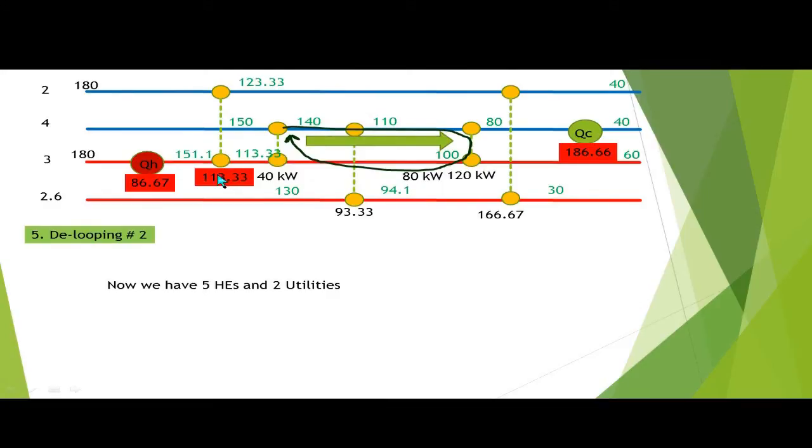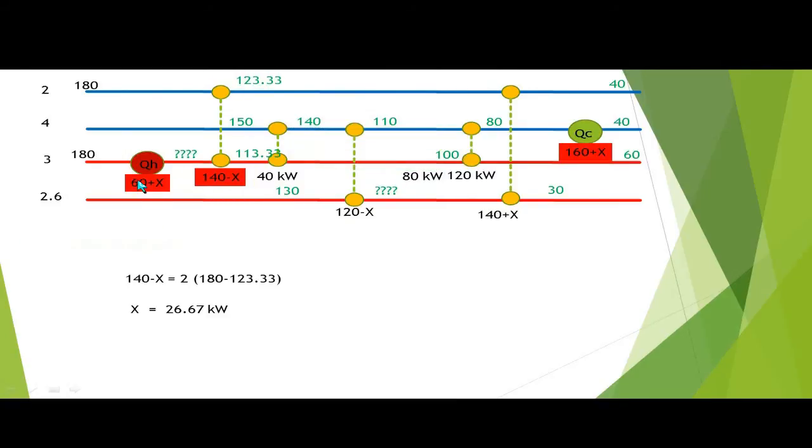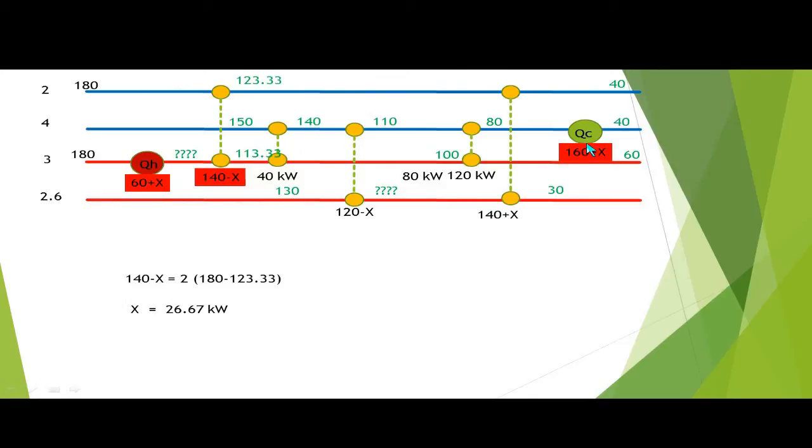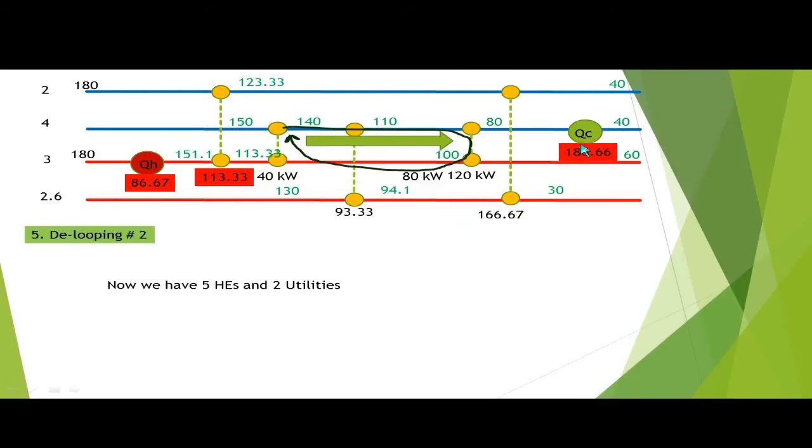Now, after plus or minus 26.67, this becomes the final heat load. Look at that. The heating load increased from 60 to 86 and 160 to 186. Alright, that's finished for loop breaking number 1.